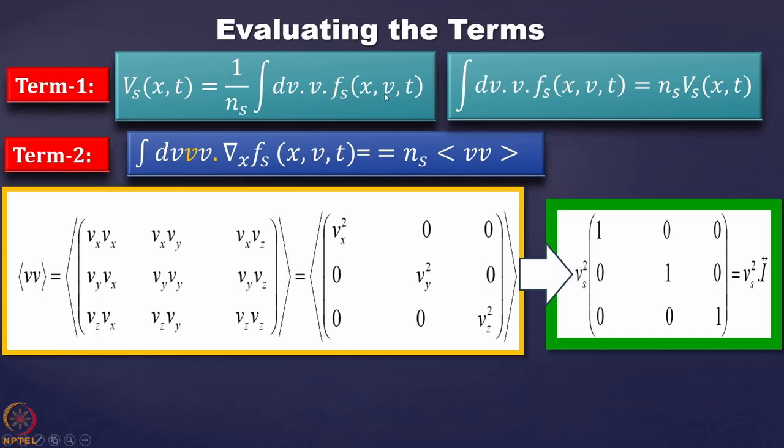So you are integrating over all the velocity, and you get the center of mass velocity at the coordinate space point x,t. This integration gives nothing but ns into Vs(x,t). So the term 1 which we had, we are able to get the value as ns Vs(x,t), and we will put that in.